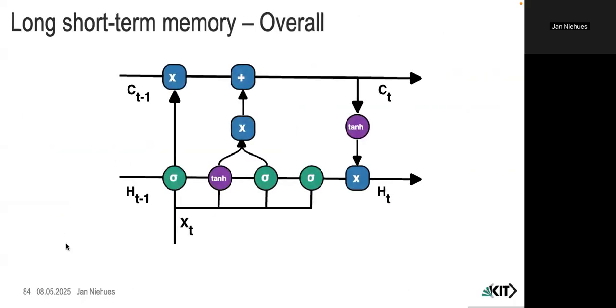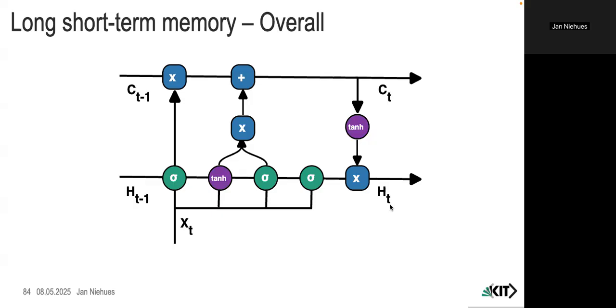So in summary, that is our overall LSTM architecture. One important thing is definitely the 3 gates. So we have the forget gate, deciding whether we want to forget something, the input gate, deciding whether we want to put something in there, and then we have the output gate to decide which information we put into the next hidden state. The important thing is then also, the HT and the input, they are controlling everything.